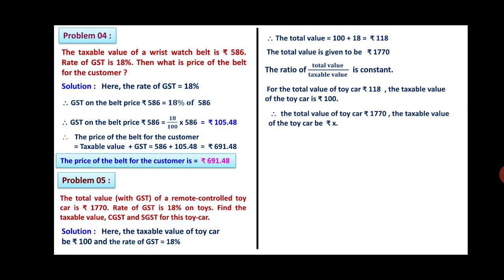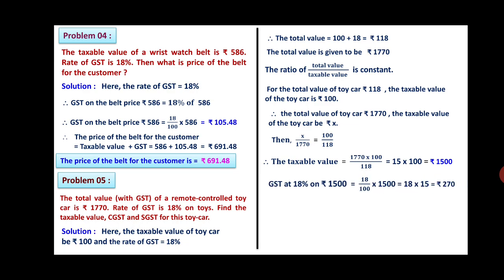Therefore, if the total value of the car is 1770, then the taxable value of the car will be rupees X. Therefore, we can write X upon 1770 is equal to 100 upon 118. We will solve this. The taxable value is now 1770 into 100 upon 118. As 1770 upon 118 is equal to 15, 15 into 100 leads to rupees 1500.